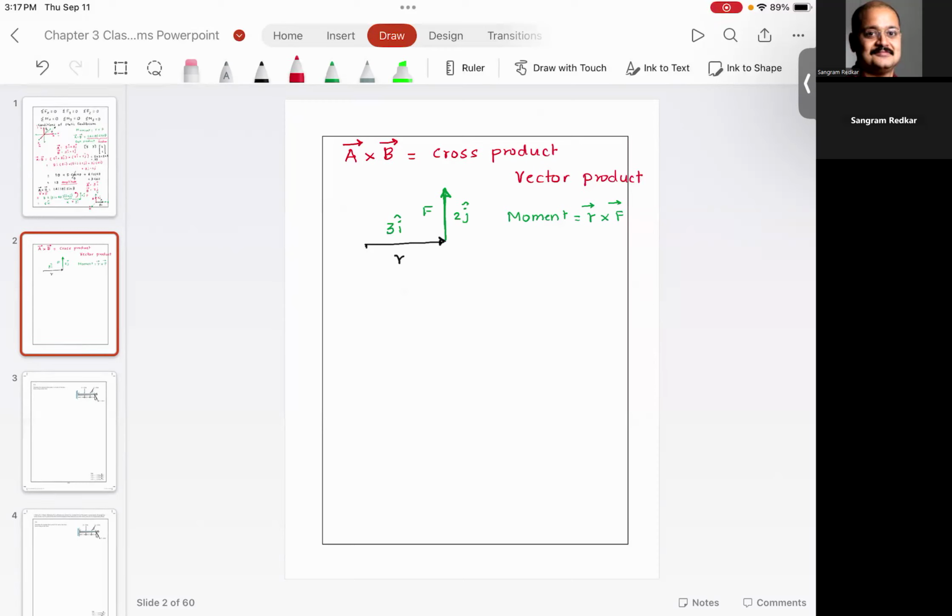To write this, M is equal to 3i cross 2j. 3i cross 2j is nothing but 3 times 2, which is 6, in the parentheses, i cross j.